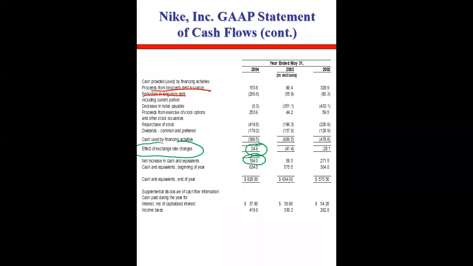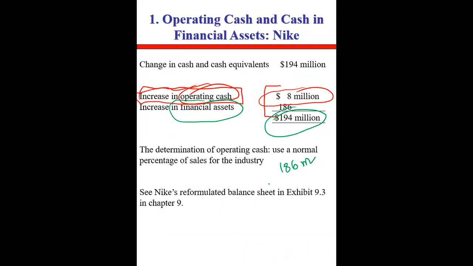Okay. So if we have the 186 from the investment in financial asset, now if we subtract that amount for which it has gone up because of the positive influence of the exchange rate, we see that what is the amount after subtraction.